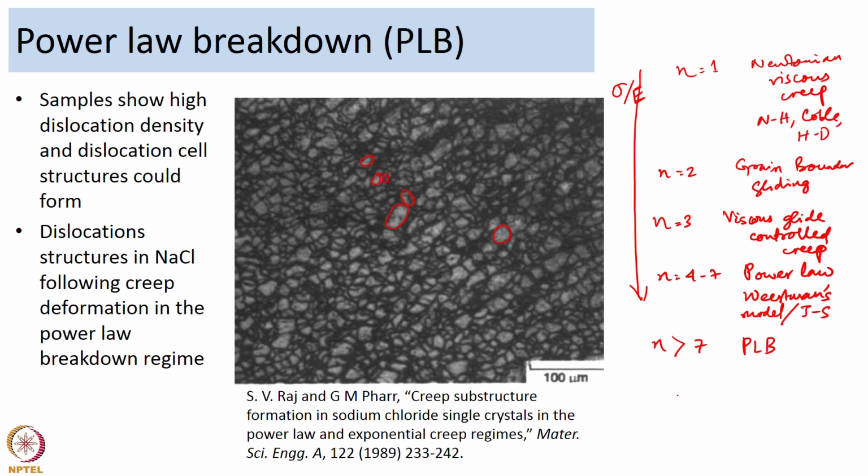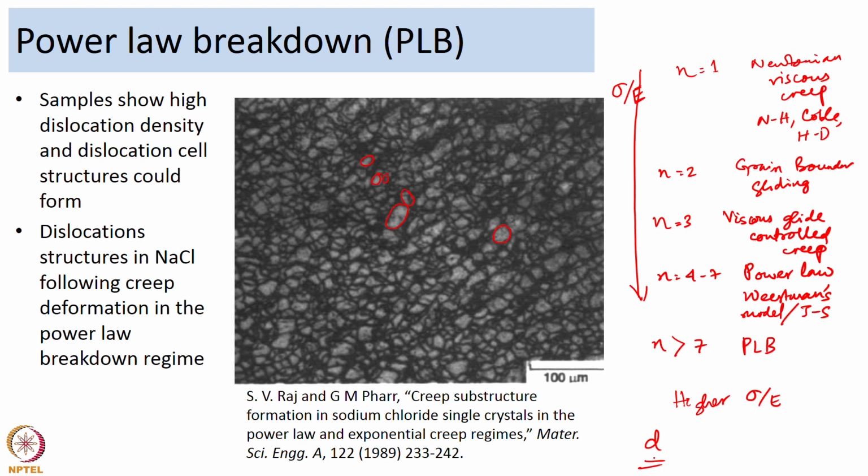Of course, when we say a higher sigma by E, we are also assuming that the microstructure is favorable for that particular deformation mechanism to operate, because we know microstructure such as grain size also has a significant role to play in determining the rate controlling mechanism of deformation.